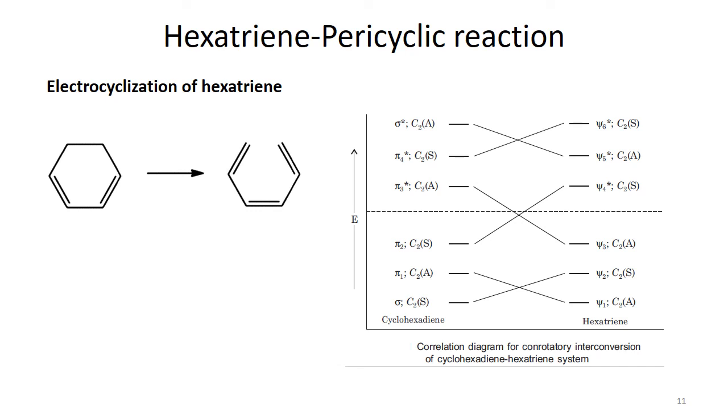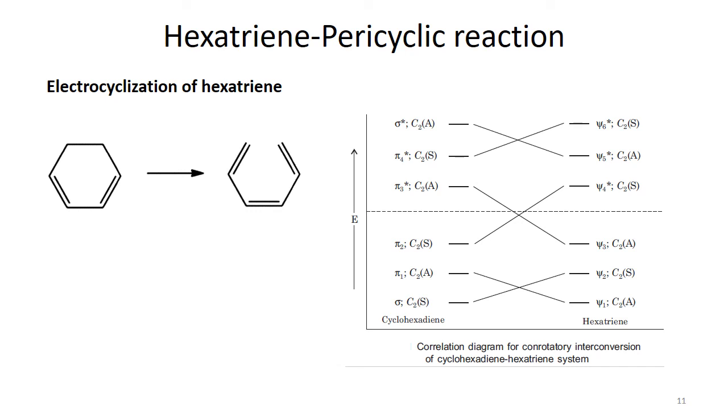Okay, coming back to the ring opening reaction of cyclohexadiene, that is 1,3-cyclohexadiene precisely. In this case, cyclohexadiene is our reactant and hexatriene is our product. What I want you to know here is that the electrons present in the HOMO, that is basically the psi 2 orbital, have to move from the HOMO orbital to psi 4, because psi 4 is the LUMO in this case.